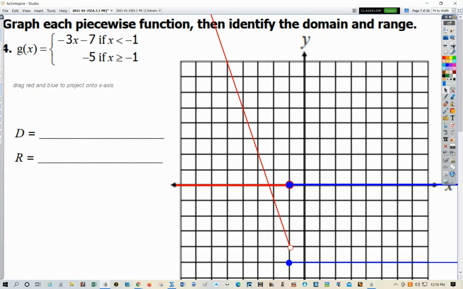And so what do I end up with? Well, I end up with one solid horizontal line. The whole thing is shaded, right? Everybody see that? And so we end up getting the domain is just all real numbers. It's just negative infinity to infinity.